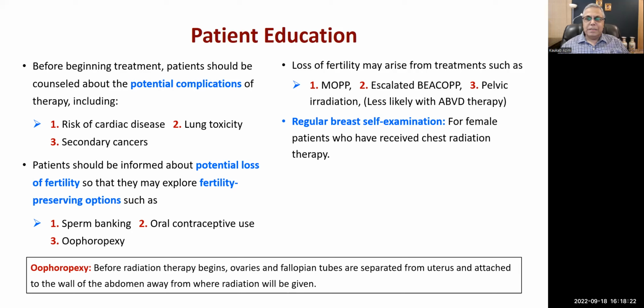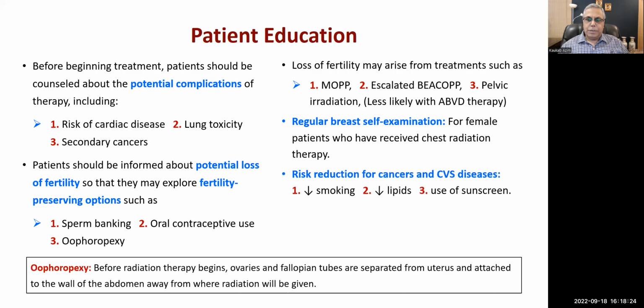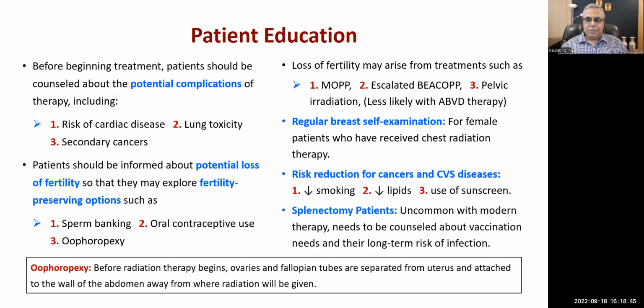So breast self-examination is important. Then risk reduction for cancers and cardiovascular diseases. The patient has to decrease or quit smoking, decrease lipid intake, and use sunscreens to protect from skin cancers.